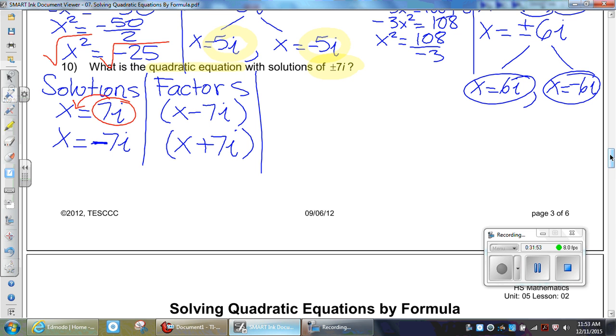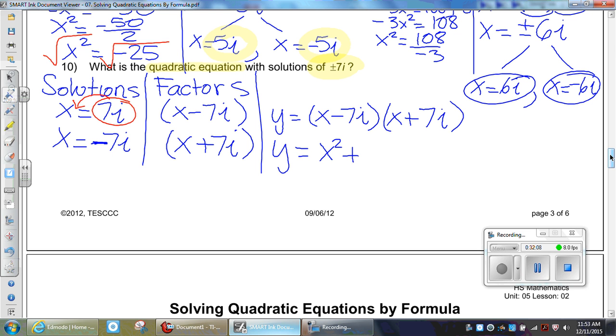So what I'm going to do now to find the function, or the equation, I'm going to multiply the factors. So this will be x squared plus 7xi minus 7xi minus 49i squared.